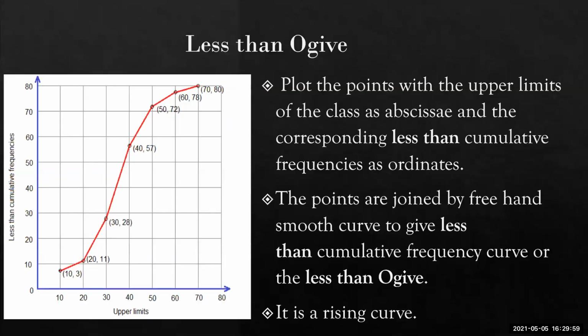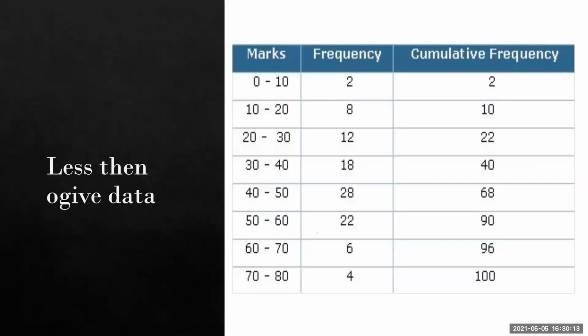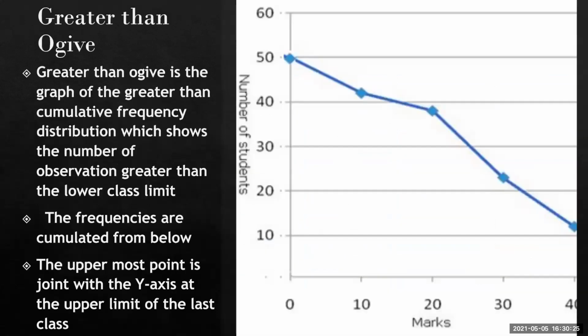Less than ogive curve. It is a rising curve. They are drawn by freehand to give the less than cumulative frequency curve, or less than ogive. This is the ogive data. This is the data which is given before we make the less than ogive curve.